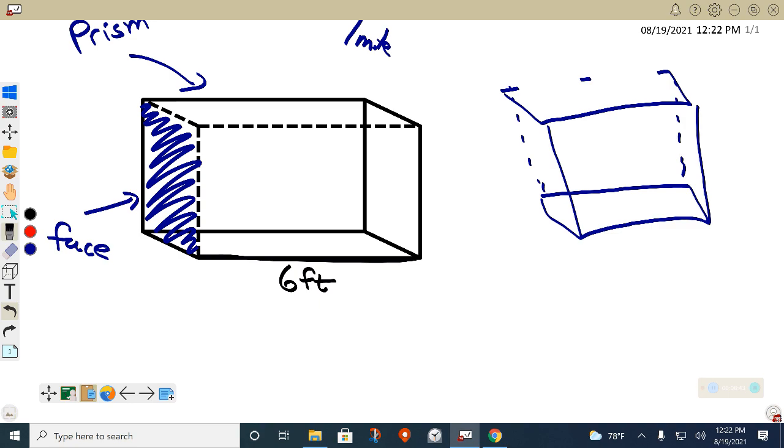Go and do that for me. Let's say this edge was 4 feet long. And let's say the height was, let's see, 4 feet long also. No, let's go 5 feet long. 5 feet.